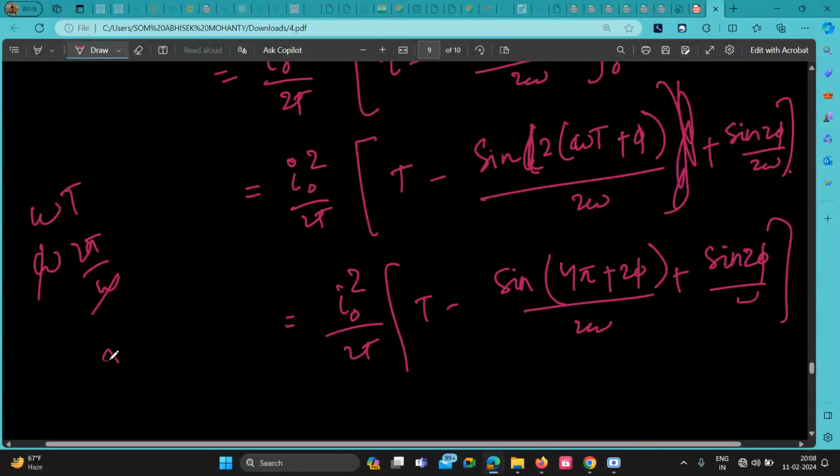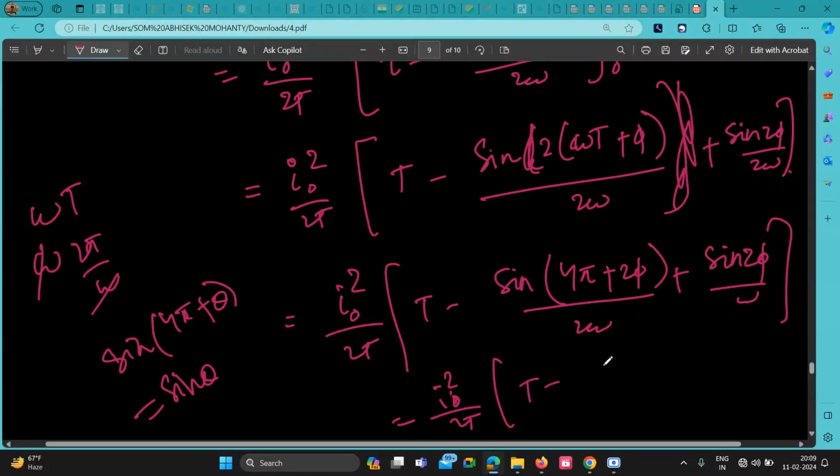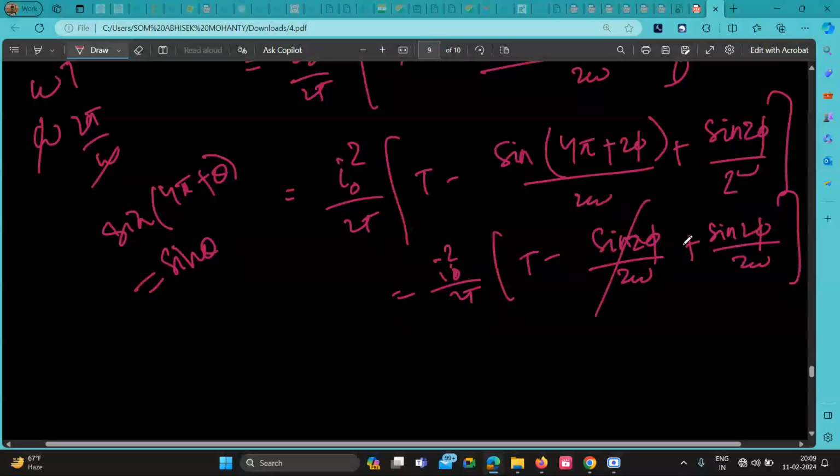If you see, sine 4 pi plus theta will be what? Sine theta only, right? We just did I naught square by 2t, t minus sine 2 pi by 2 omega plus sine 2 pi by 2 omega. So if you see, these two are cancelled.